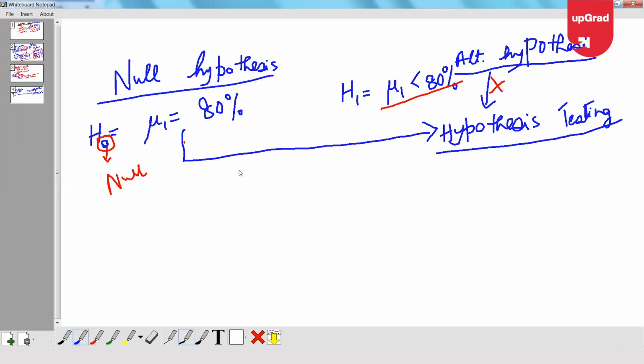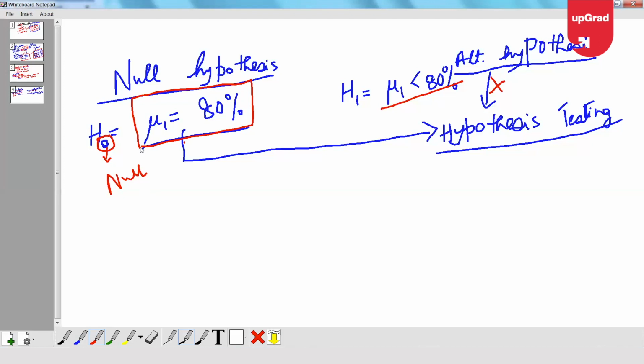Now in statistics, and especially in the world of probability, we cannot really say true or false. We can at least say that it has high chances or low chances, or the probability is high or the probability is low. So in this case, what is my objective? My objective is that when I do the statistical tests, I want the probability of this particular statement to be very, very low.